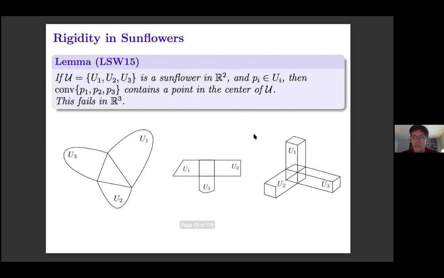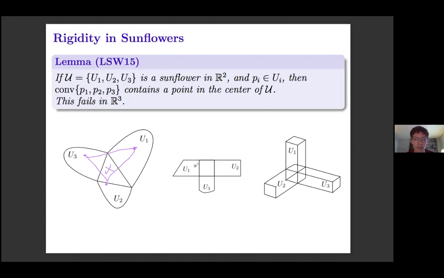But let me just show you an example, and perhaps I'll try and annotate on this. So here are 3 different examples. On the left-hand side, I have a sunflower with 3 petals in R2, so this theorem should apply, right? And if I choose, let's say, these 3 points from each of my petals and draw the triangle whose vertices are those points, lo and behold, it does have to go through the center of my sunflower.